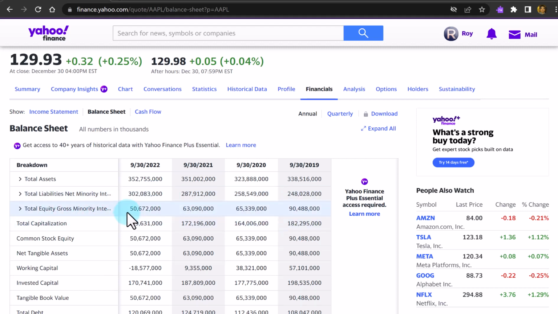If I'm a shareholder and my investment company can make more money on these assets than the interest they have to pay on these loans, I'm going to tell them, hey, buy more assets, borrow the money. But hopefully your interest rate will stay low and your profitability will stay up.